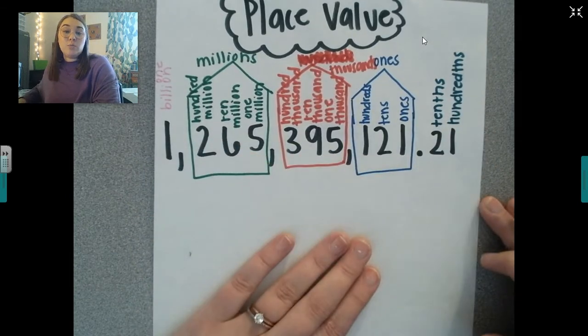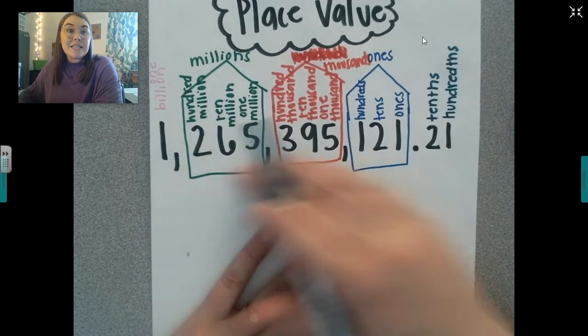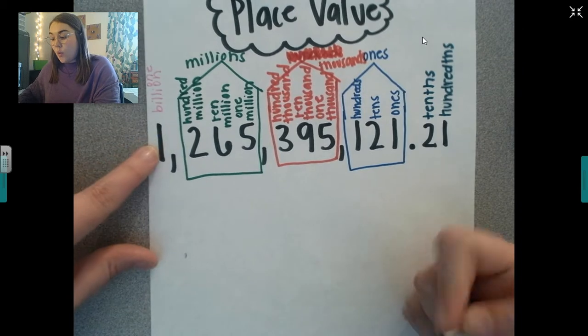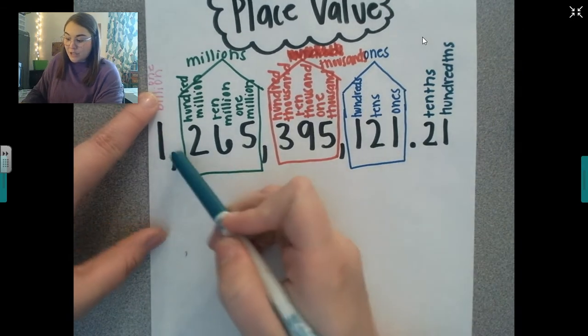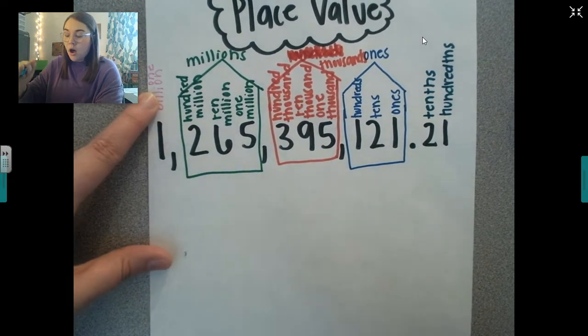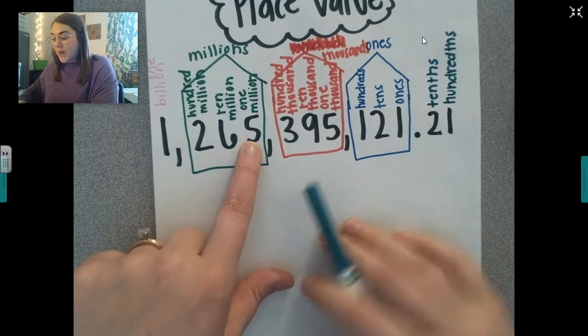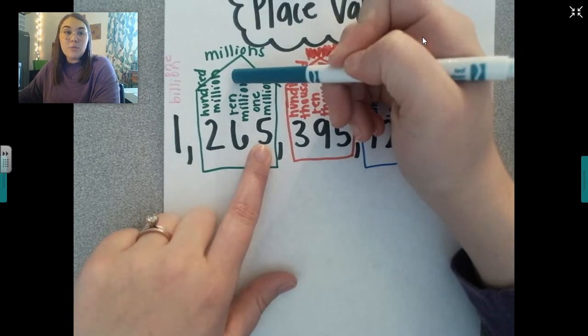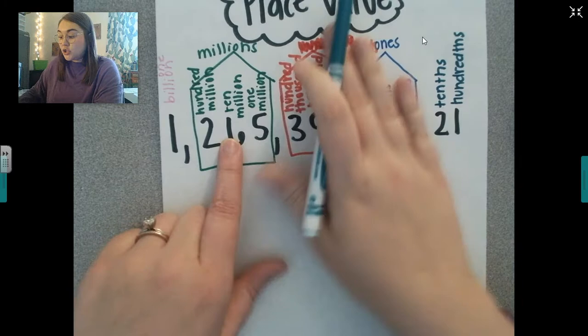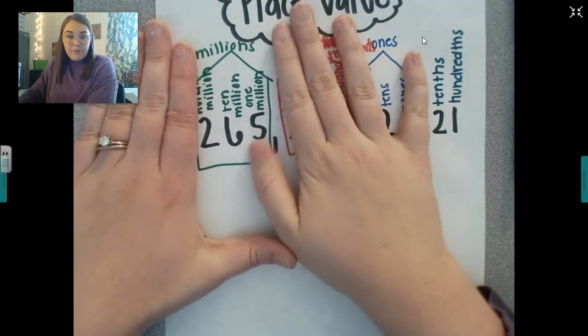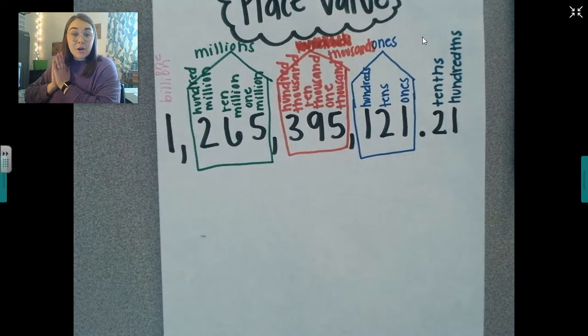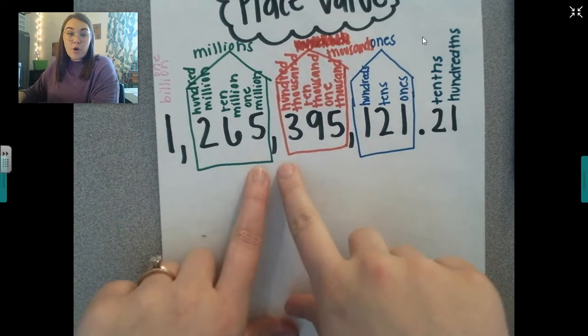To read this number out loud, we would say 1 billion, because that's where we read it. We read it at the comma. 265 million, we read it at the comma. This is just 265. Until I put it into a number, we don't know what to say at the comma.